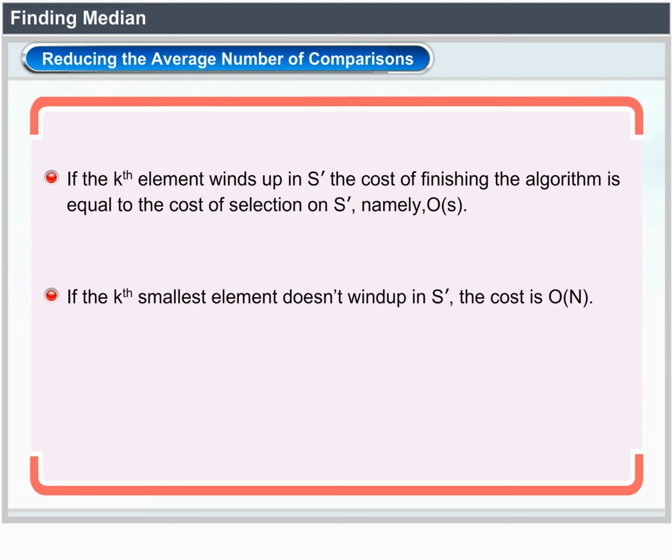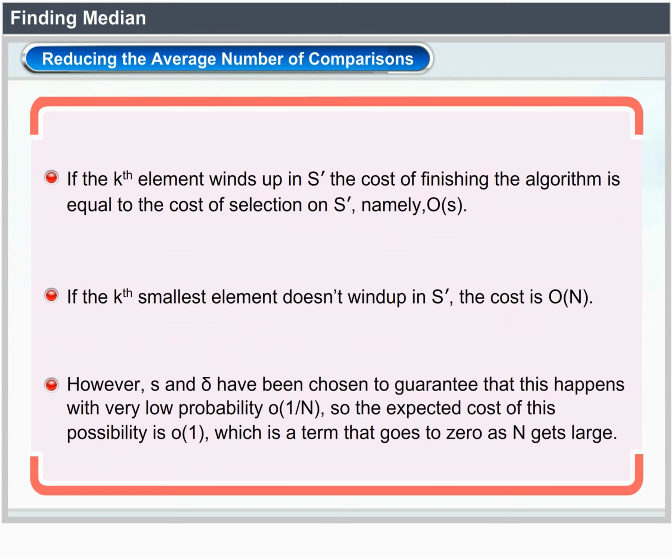If the kth smallest element doesn't wind up in S', the cost is O(n). However, s and delta have been chosen to guarantee that this happens with very low probability, o(1/n). So the expected cost of this possibility is o(1), which is a term that goes to 0 as n gets large.